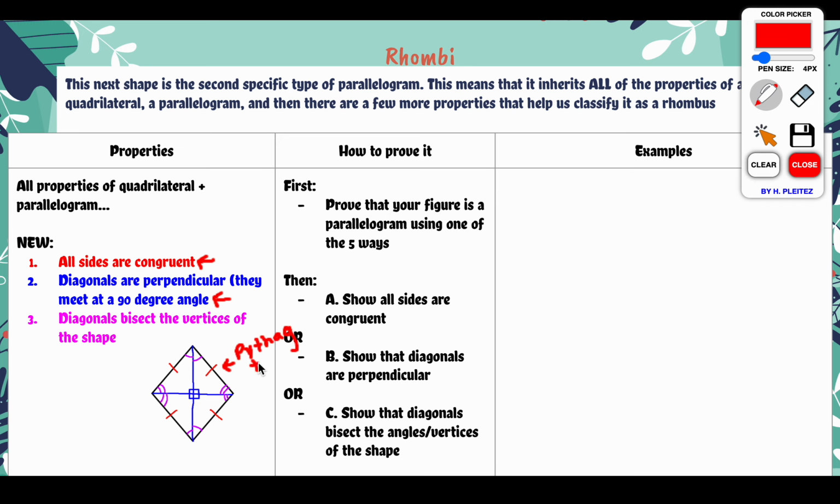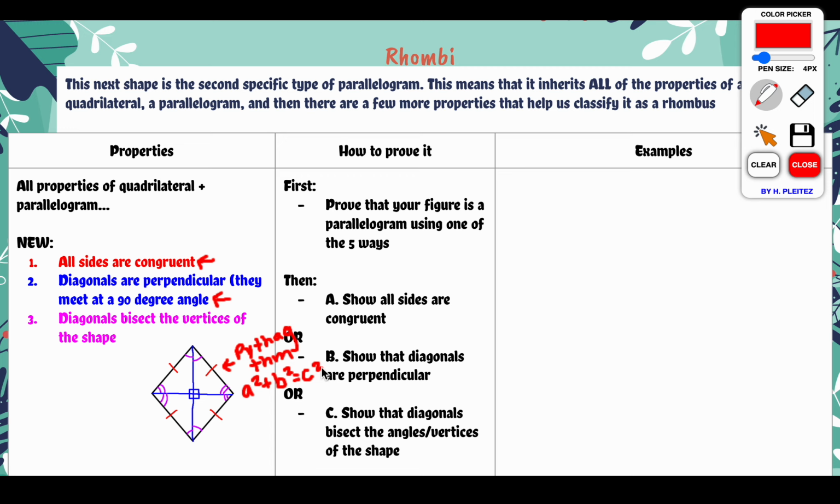Remember, this is just some prior knowledge. We might have to use a squared plus b squared equals c squared because we can see these 4 right triangles created. This is, in fact, the only shape we have from what we've done so far where 4 right triangles are created with our diagonals. So that's interesting to see.